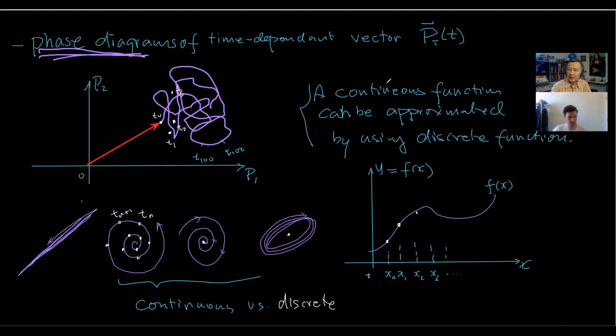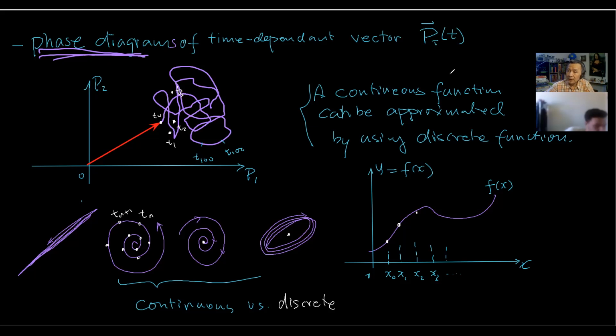We know that time is continuous, right? Time cannot jump. Time is continuous to cover every second or fraction or one millionth of a second. However, when we describe a phenomenon, we don't have to use a continuous variable. For example, you only need to predict the stock market daily.